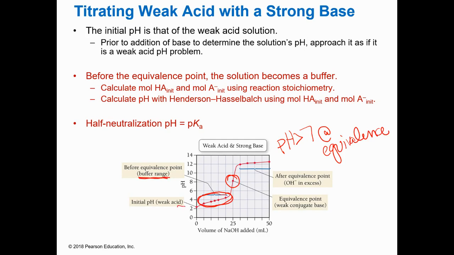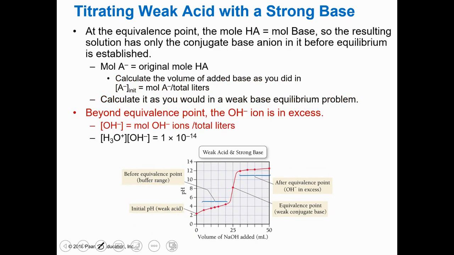Also, pH starts higher. Okay, you're going to have to do a whole lot more for these, so I'm not going to ask you to calculate a weak acid and strong base or a strong acid and a weak base. Just notice the parts of the titration curve because you could be asked that.